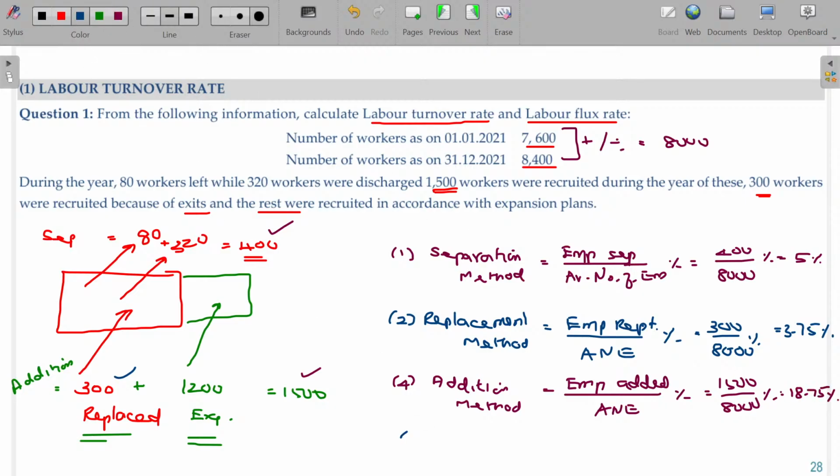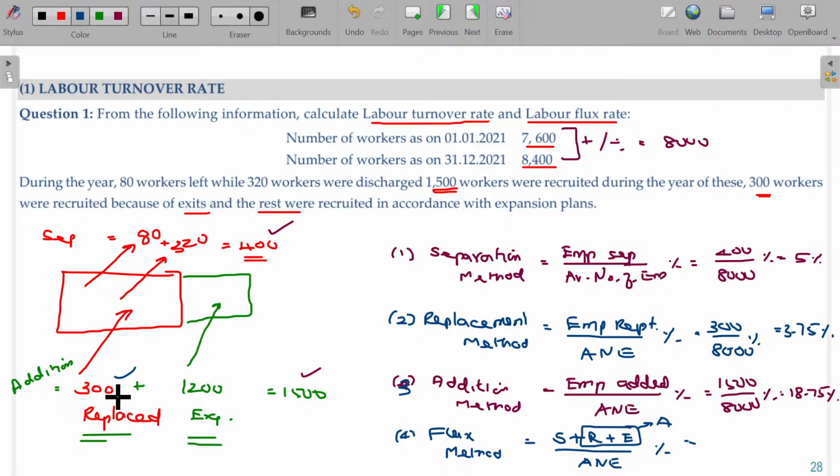And the last one, flux method. Flux method is a summary of all these things. It is equal to number of employees separated, replaced, and recruited for the expansion. Recruited for expansion and replacement both will be called as sometimes addition, divided by average number of employees in percentage.